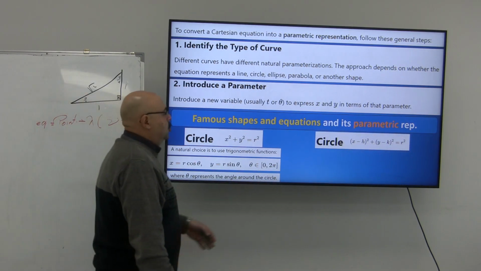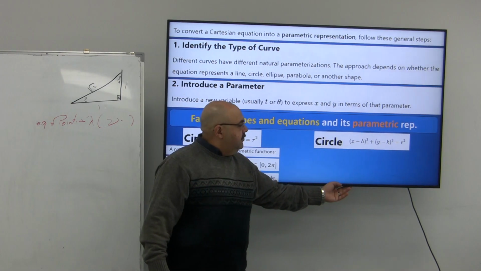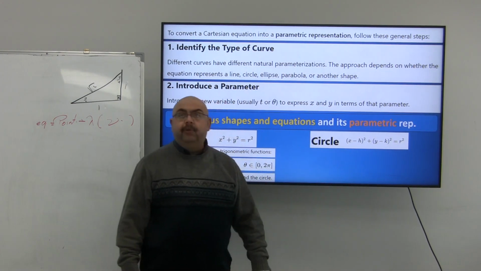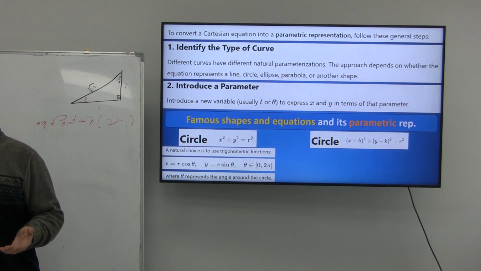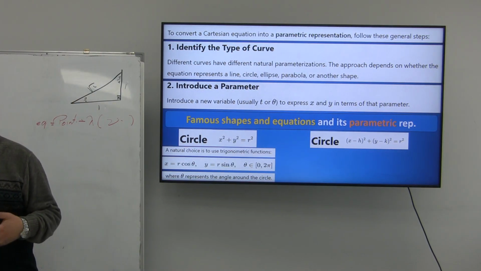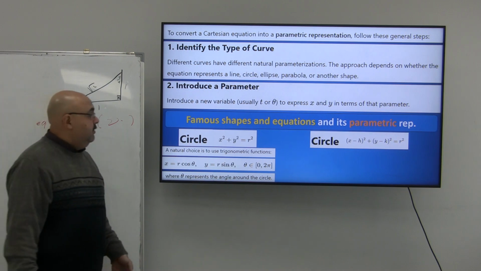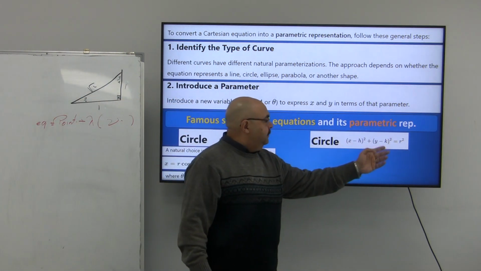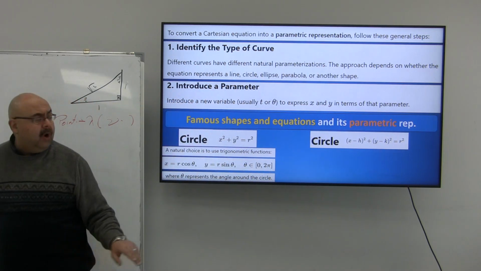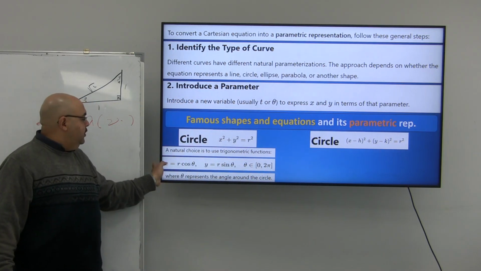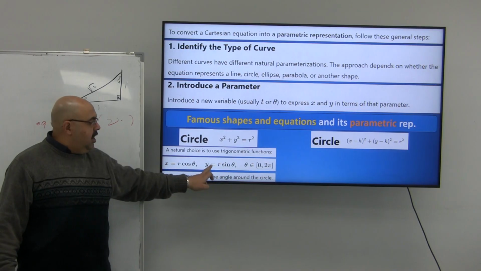The other case, or the general case of a circle, is where the center is not the origin. The center is given by h and k. So for this case, all I have to do is add h on x and k on y.